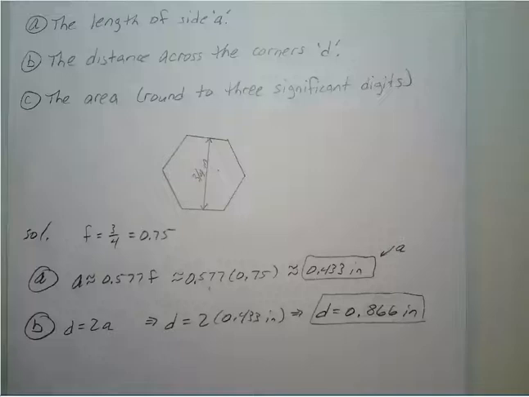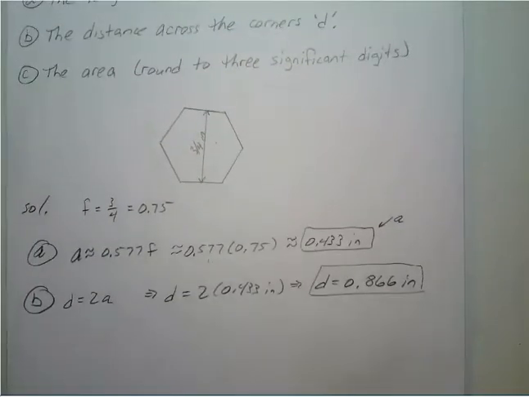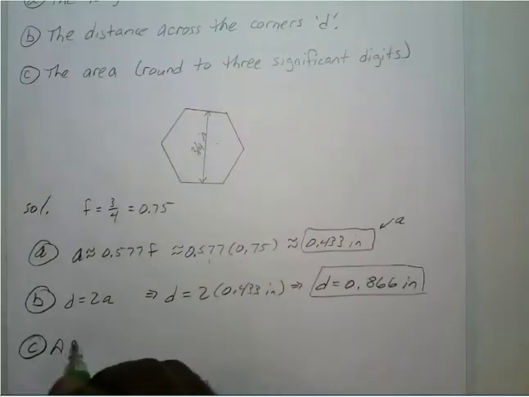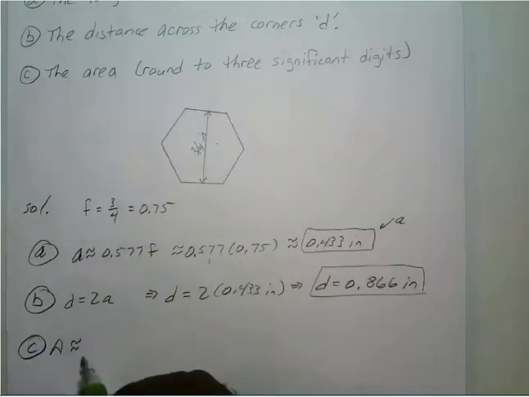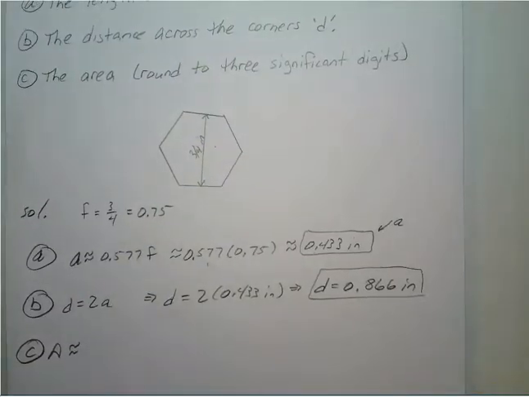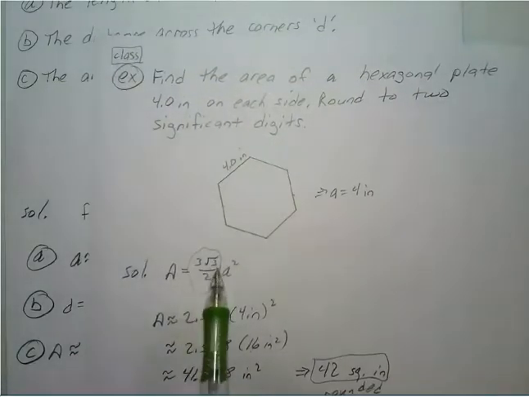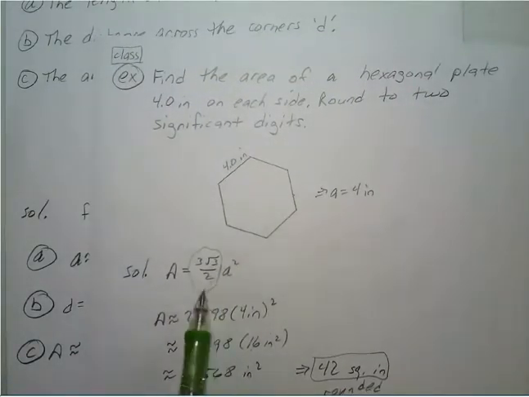Okay, so now we want to find the area. Okay, so we know that our area is approximately equal to, again, we know it's just from the previous example, A equals 3 square root of 3 over 2. But if we plug that into a calculator, we get 2.598.